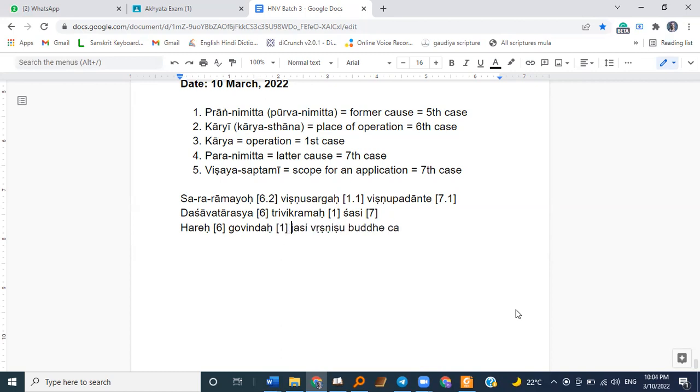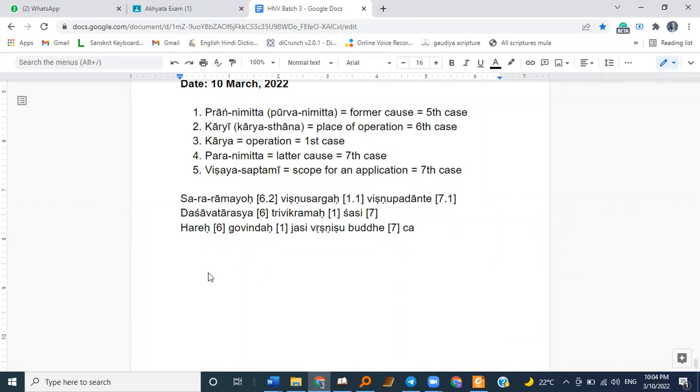Then Govinda is 1st. Now Jasi, Vrishnishu and Buddhi are all Saptami. There could be more than one Purva Nimitta, or more than one Paranimitta also. So Jasi is 7th case. All these 3 are in the 7th case. And Cha is just joining all 3, Jasi, Vrishni and Buddhi. Is Harehe here in 5th case or 6th case? This is 6th case here.